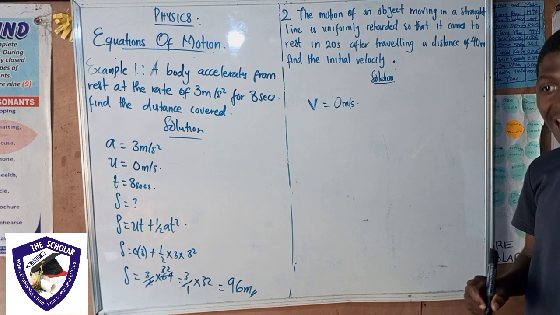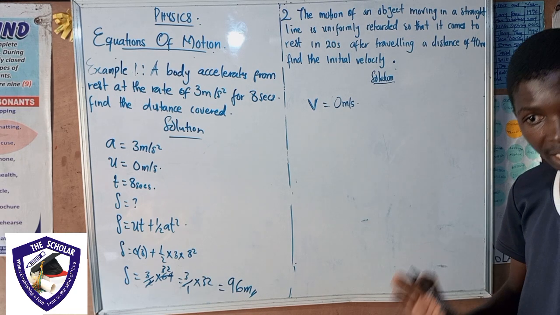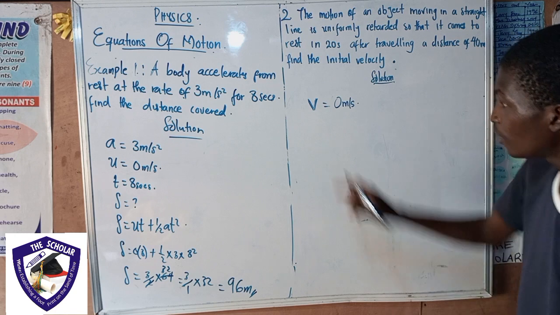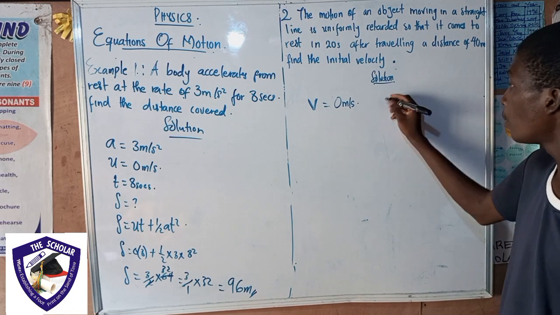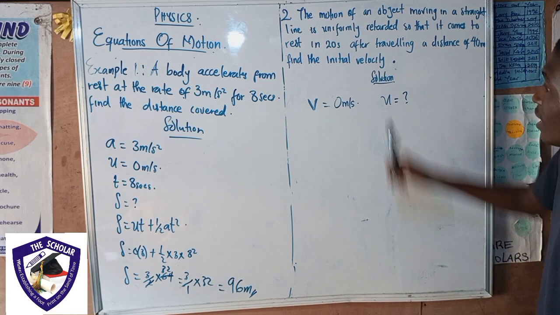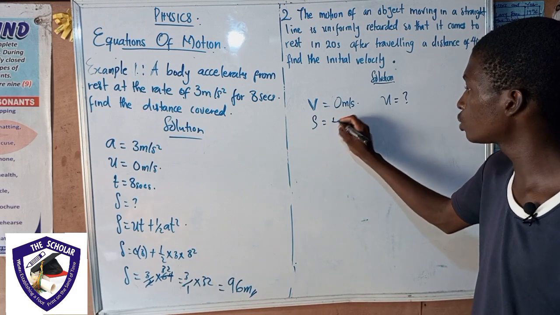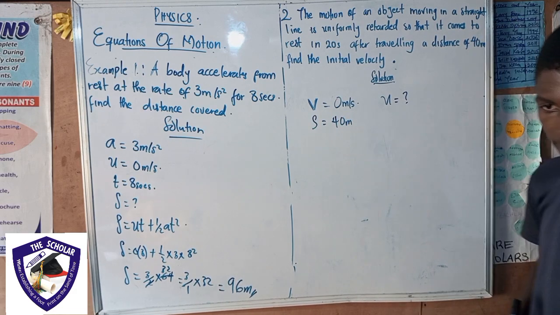That means the driver has already applied the brake. The final velocity becomes 0, but the initial velocity is unknown. Now they said it travels a distance of 40 meters. That is S, which is 40 meters.